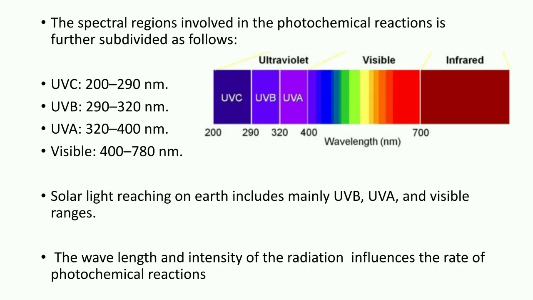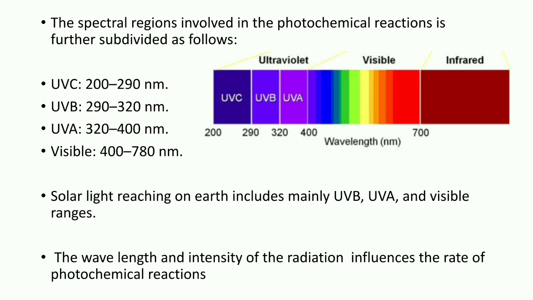The spectral region comprises the UV region ranging from 200 to 400 nanometers and the visible region ranging from 400 nanometers to approximately 800 nanometers.